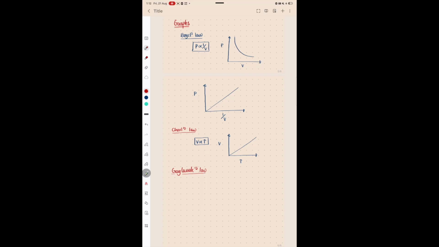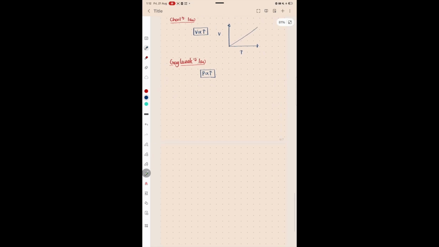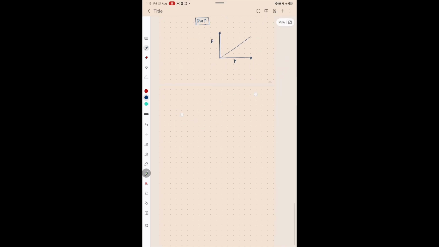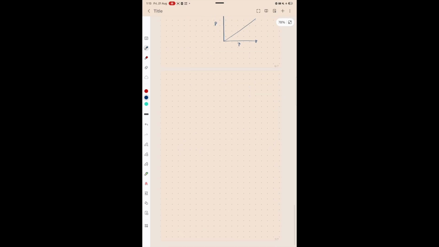That tells pressure is proportional to your temperature. So if I increase the temperature, the pressure of the gas will increase proportionally, right? So now if I plot pressure versus temperature, that will be this, right? Okay, these are done.